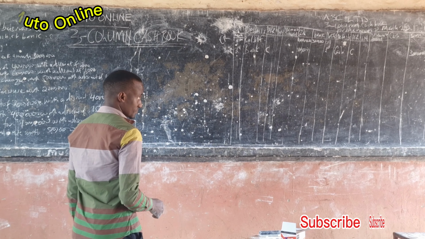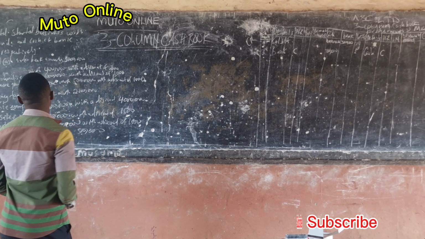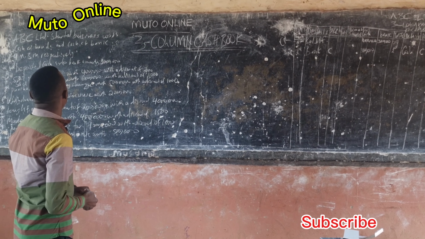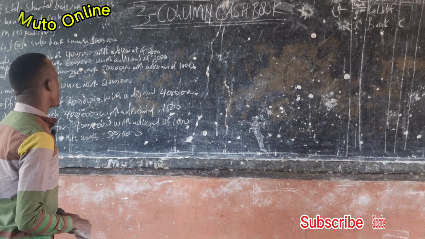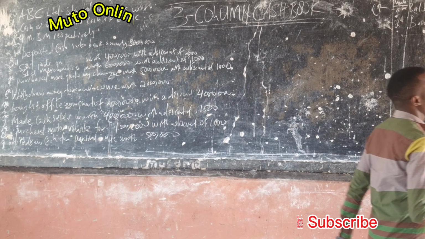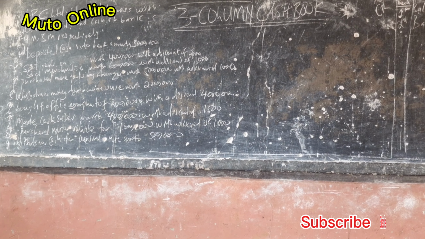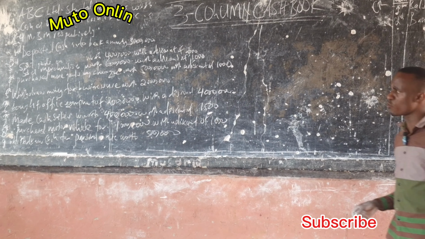Then on third, they are telling us that the business sold goods worth 400,000 with a discount of 2,000. How do you code this transaction? I told you that on the credit side we record sales.